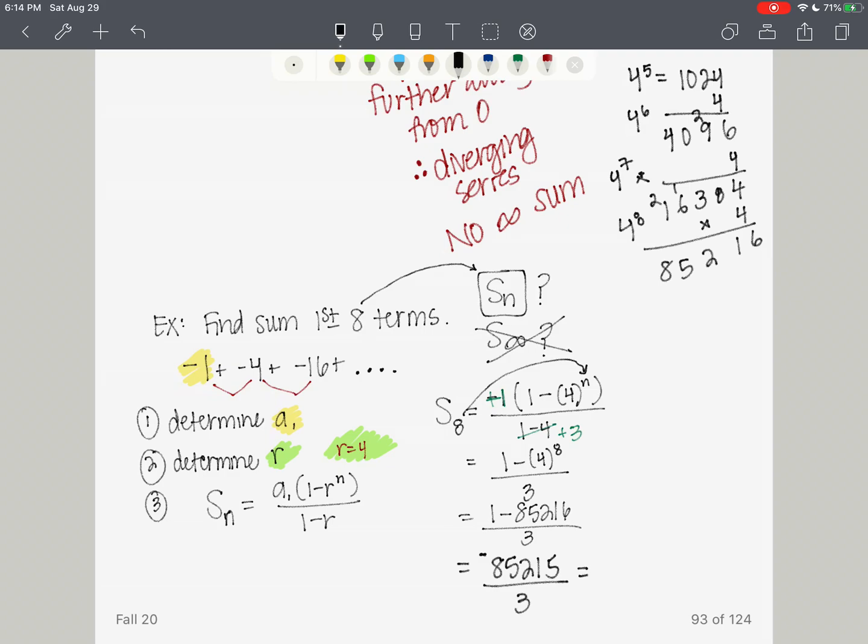I think 3 is going to go in there. 3 goes into negative 65,535. I did something wrong.